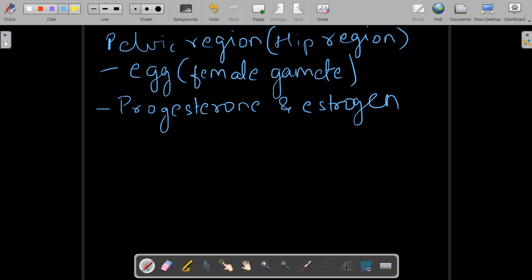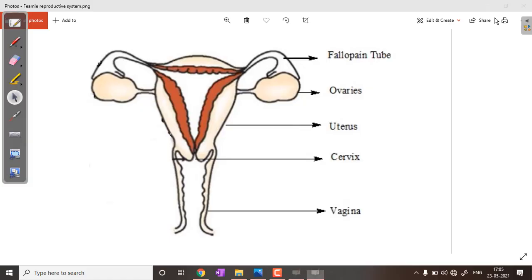In addition to this there is one more female hormone, progesterone. So the function of ovaries is release of egg, and progesterone and estrogen, which are female hormones. Right, now let's see the diagram.